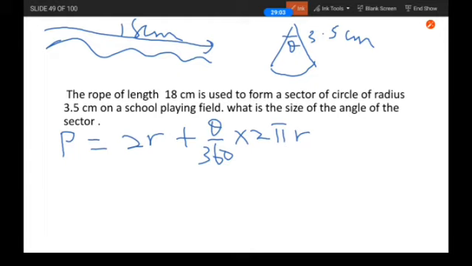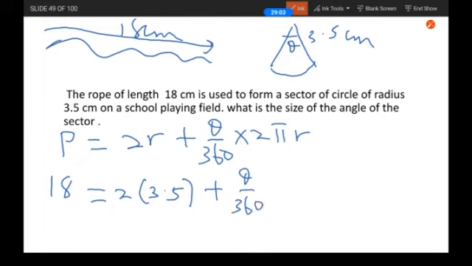Perimeter has been given as 18. Good. And our radius, we have 3.5. We are looking for the angle of the sector. So theta over 360 times 2 times 22 over 7, then times radius 3.5.